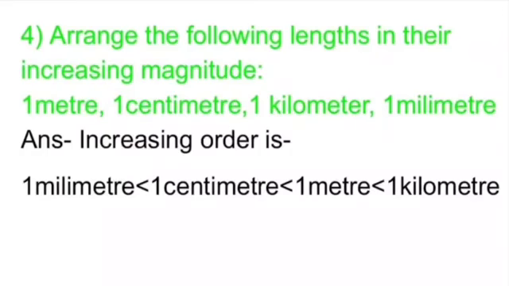So first 1 millimeter will come and after that 1 centimeter and then 1 meter and in last 1 kilometer, because 1 kilometer is the largest unit. Okay, so we will start from smallest and end at largest unit. So 1 millimeter will come at first and 1 kilometer at last.